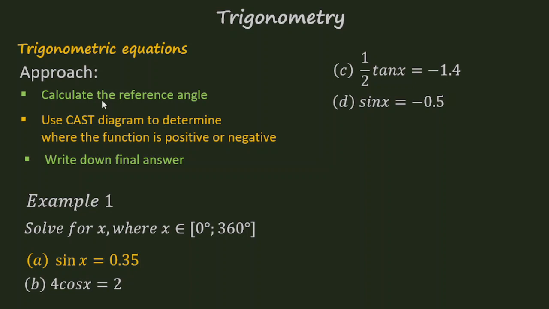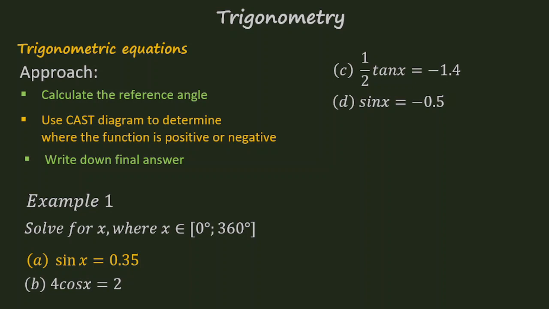The first thing that we do is to calculate the reference angle. Remember how you calculate the reference angle? You simply punch your second function or shift and then sine, then 0.35. So it will be shift or second function sine of 0.35.